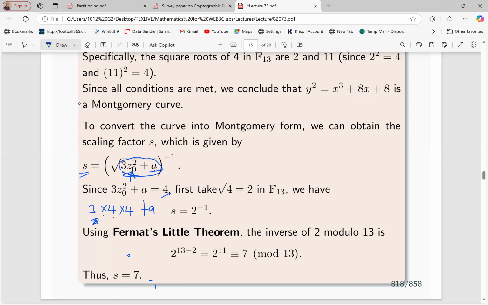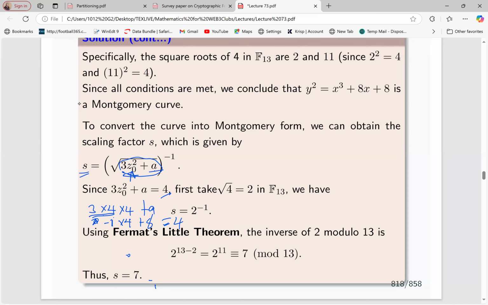So this is 12, which is negative 1, times 4 plus 8. This is 4. Yes, that is 4. Oh, yes, now I've seen. The problem was that I squared 4, got 16, then again I was squaring the 16. That is why I was not getting the correct answer.